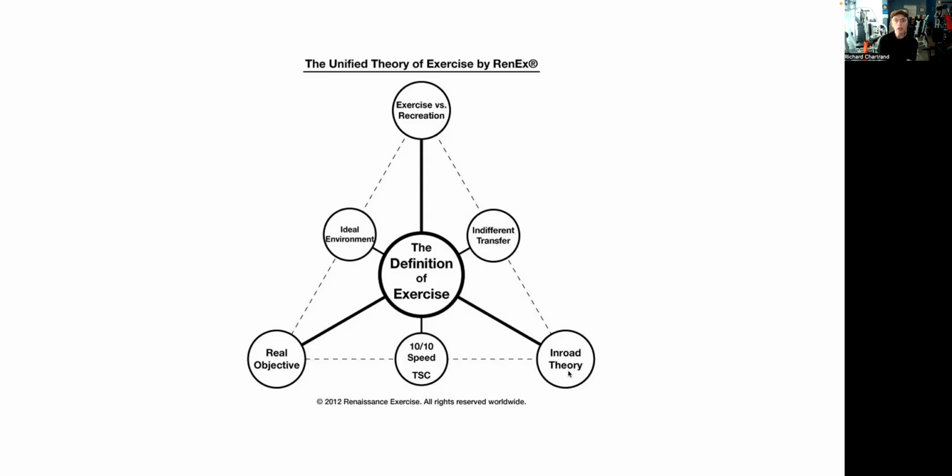You may have heard slow twitch, medium twitch, and fast twitch fibers. A lot of people think that has something to do with how quickly you move, when in fact it refers to how quickly those fibers fatigue. Slow twitch fatigue more slowly, medium twitch a little quicker, and fast twitch fatigue very quickly.